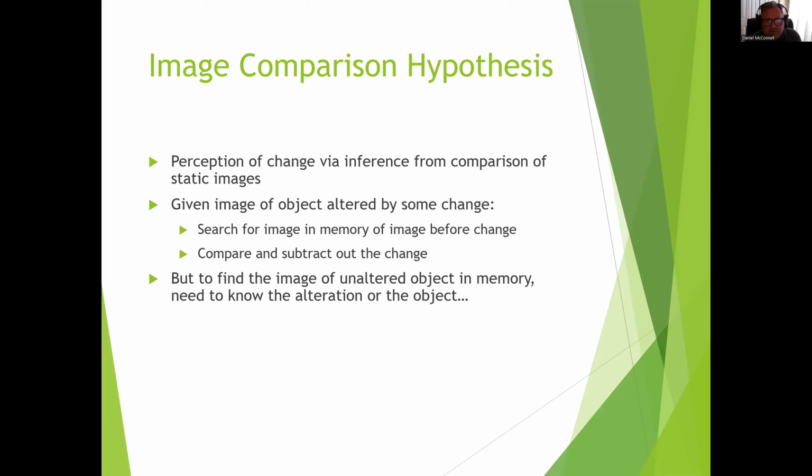Some objects are in different locations in the visual scene. Some things have gone out of view, something else maybe has come into view. So now that I'm comparing these two images, I'm trying to figure out what has changed, what could have happened to cause that particular change in the visual scene, right?